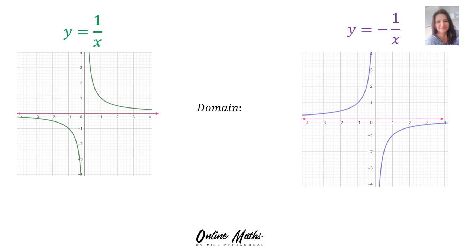To write that in maths, you write x is an element of the real numbers, but there's a restriction. x cannot be equal to 0, since at 0 you find the asymptote. Then for the range, remember, you read from the bottom upwards.